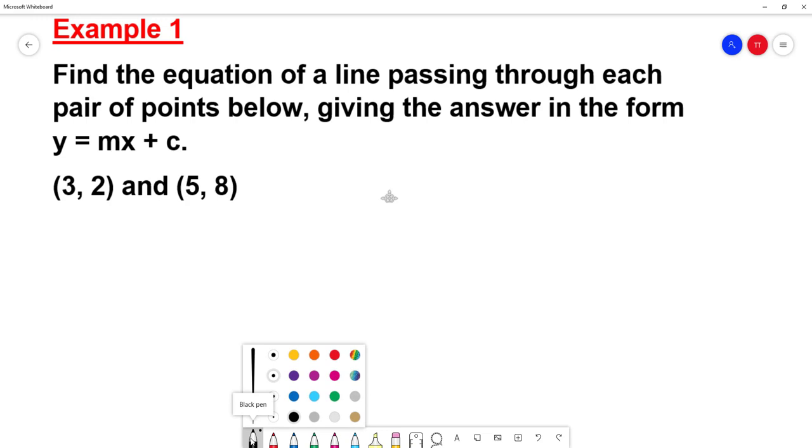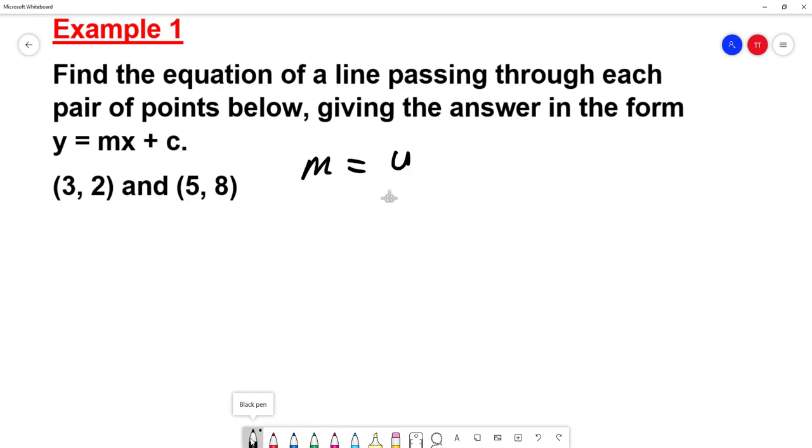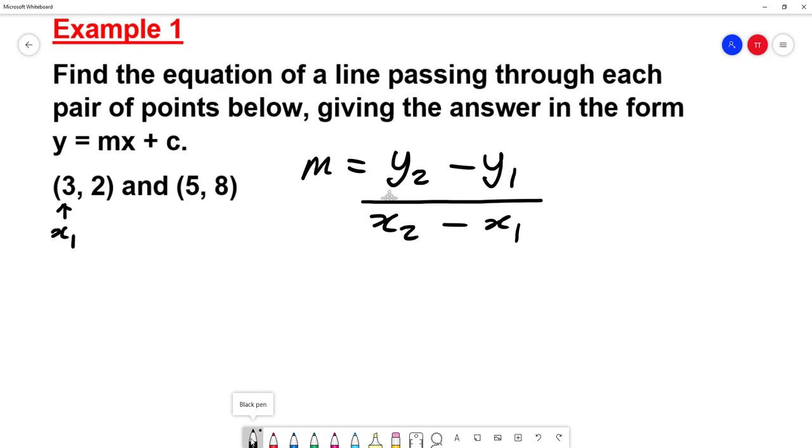So what we do first of all is write down the gradient formula, which is y2 minus y1 divided by x2 minus x1. I'm going to call 3 x1, 2 y1, 5 x2, and 8 y2.